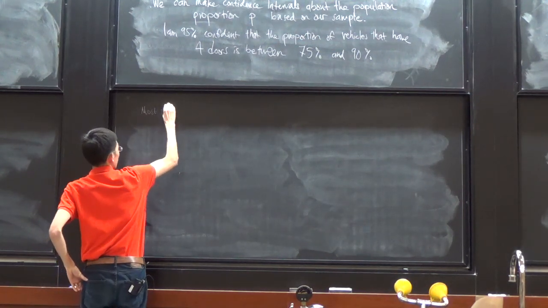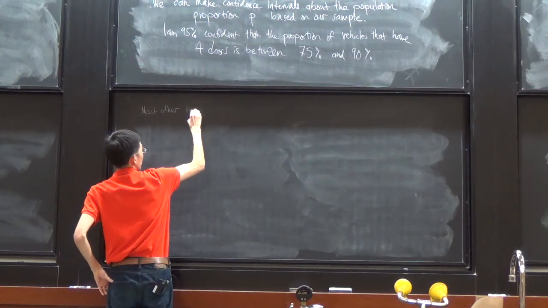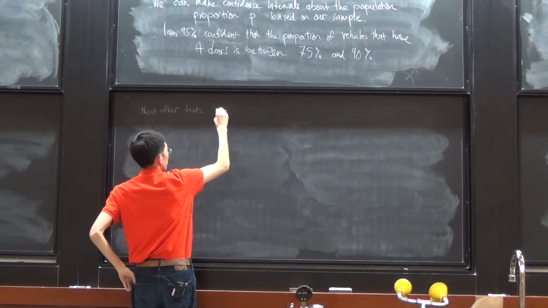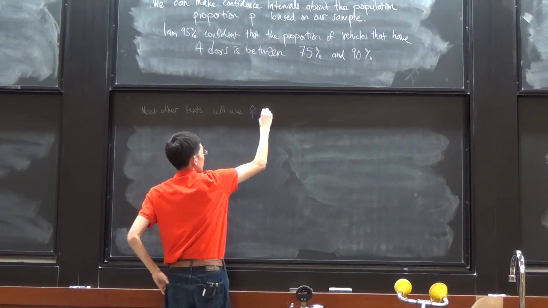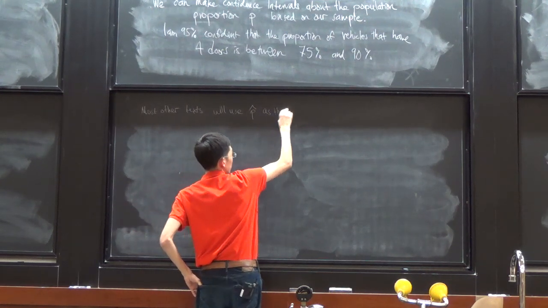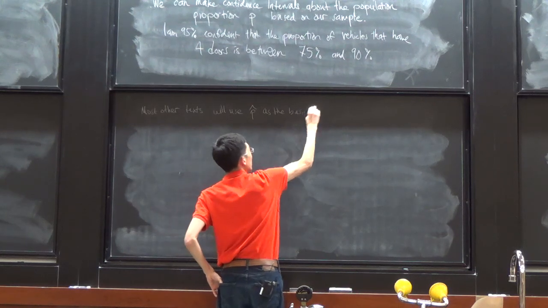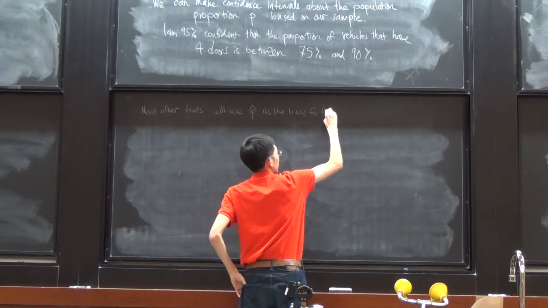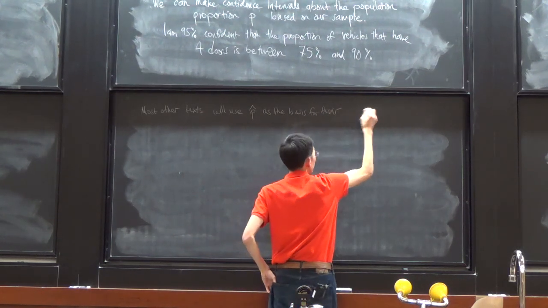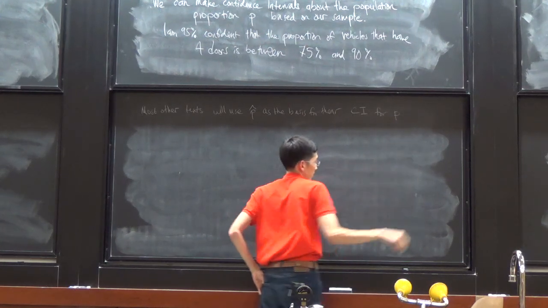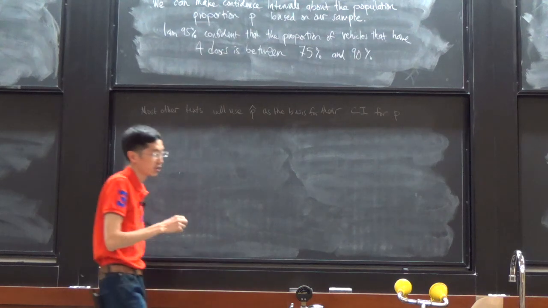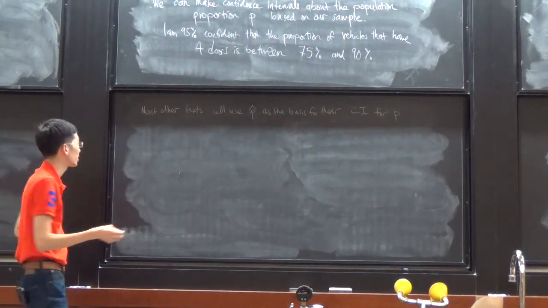Most other texts will use P hat as the basis for their confidence interval for P. Our text uses an adjusted sample proportion.